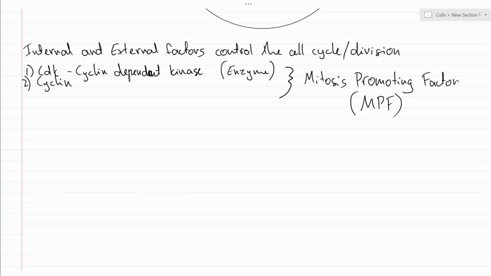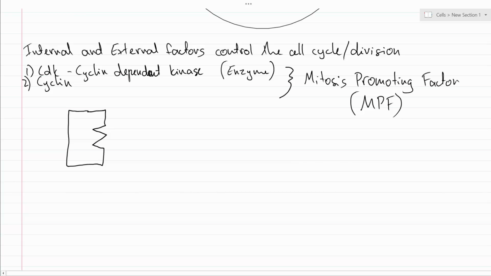In order for MPF to be created, we need cyclin to bind with cyclin dependent kinase. Very simply, if you imagine we had here cyclin dependent kinase, which is present in our cell, and then you imagine we had something which looked like this, and this was cyclin.